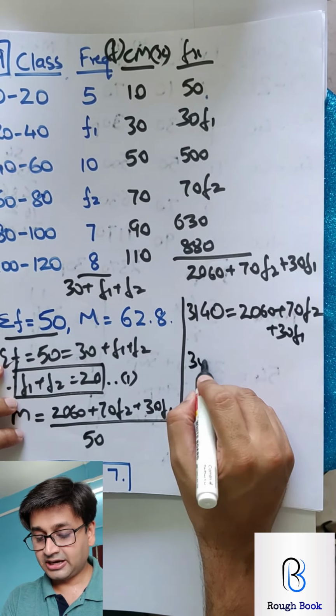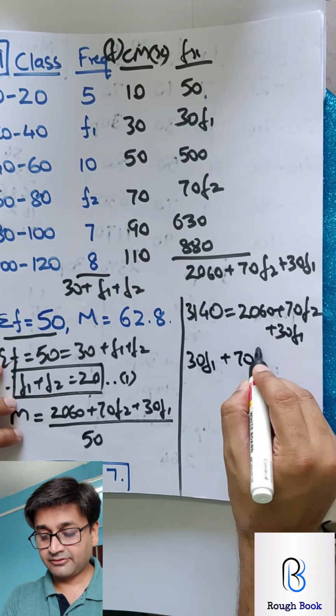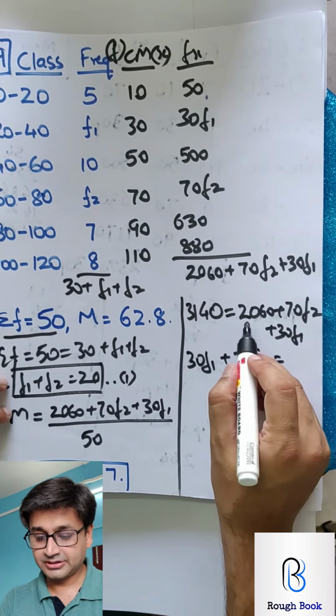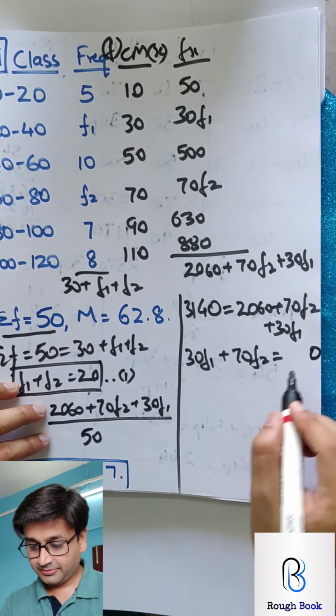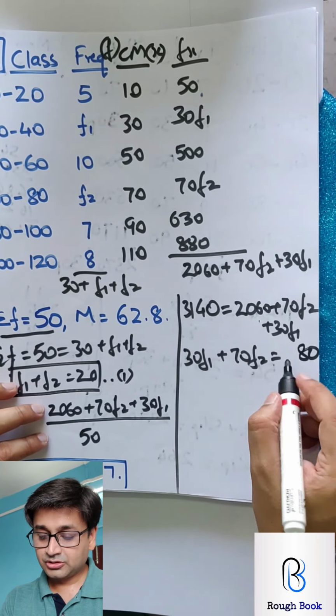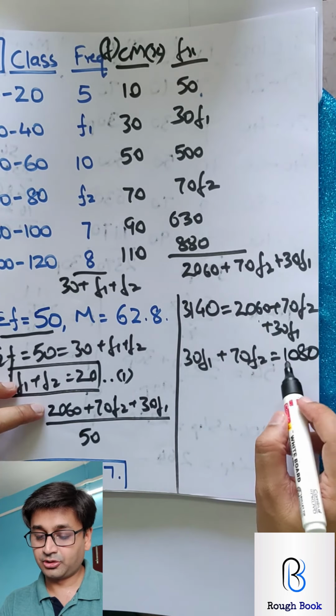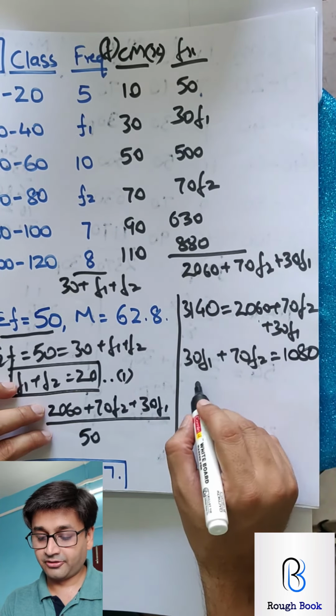So finally I will get 30 f1 plus 70 f2 equals, this goes on the other side, the difference. So the difference will be what? 1080. Let me check. 8 plus 6 is 14, so 1 and 3. Perfect.